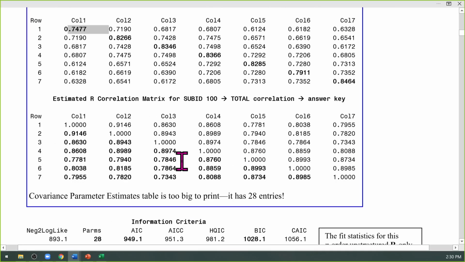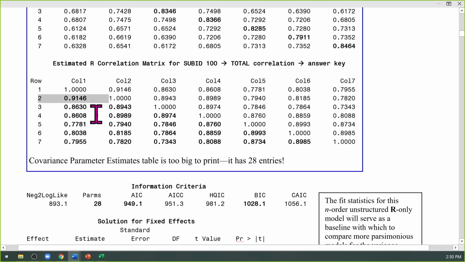What about the correlations? I've bolded those in the off diagonals here. Same over time or not the same over time? Pretty high. Between week 2 and week 7, for instance, there's still a correlation of 0.8.